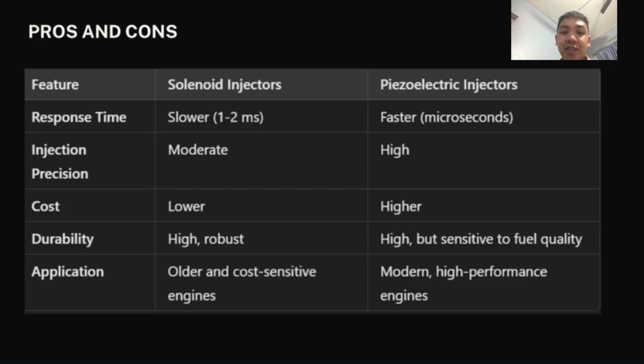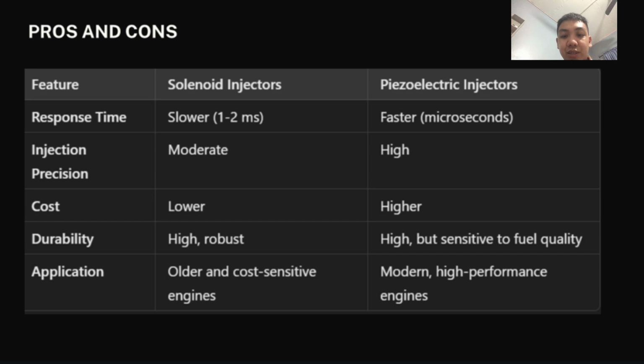So here we can see the pros and cons of solenoid type and piezoelectric type. For the response time, of course, the piezoelectric injector has a faster response time than solenoid, in microseconds.